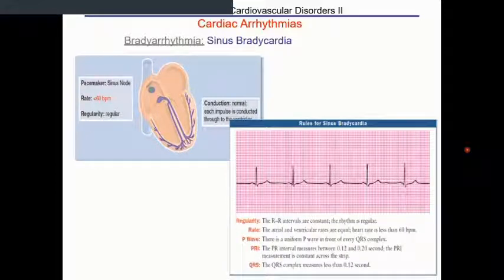There's a uniform P wave that you see in front of every QRS complex. So there's a presence of a P wave before your QRS complex. PR interval measures between 0.12 and 0.2 seconds, and the PR interval measurement is constant across the strip. The QRS complex measures less than 0.12 seconds.